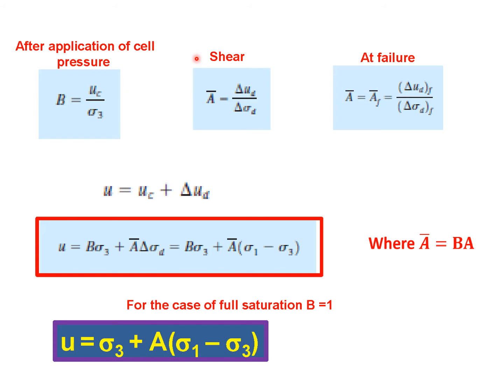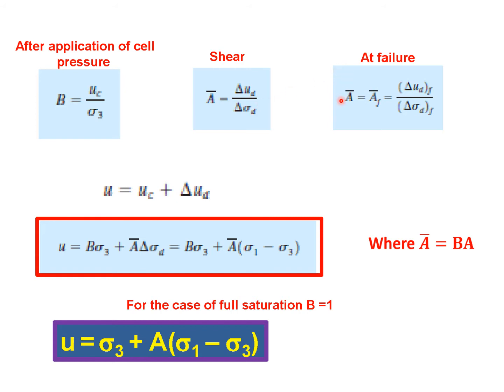Corresponding to shear, A bar is equal to delta U sub D over delta sigma D. This is the increase or change in pore water pressure due to change in deviator stress, and this is the change in the deviator stress.